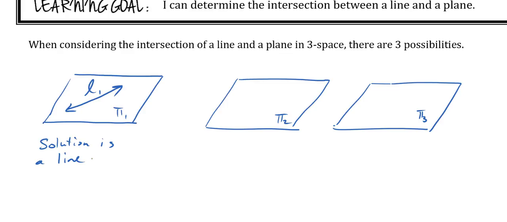What else could happen? What would that look like? Yeah, now it doesn't have to be a normal, so it could be any point where they cross. So there's one solution. The line passes through the plane or crosses through the plane.